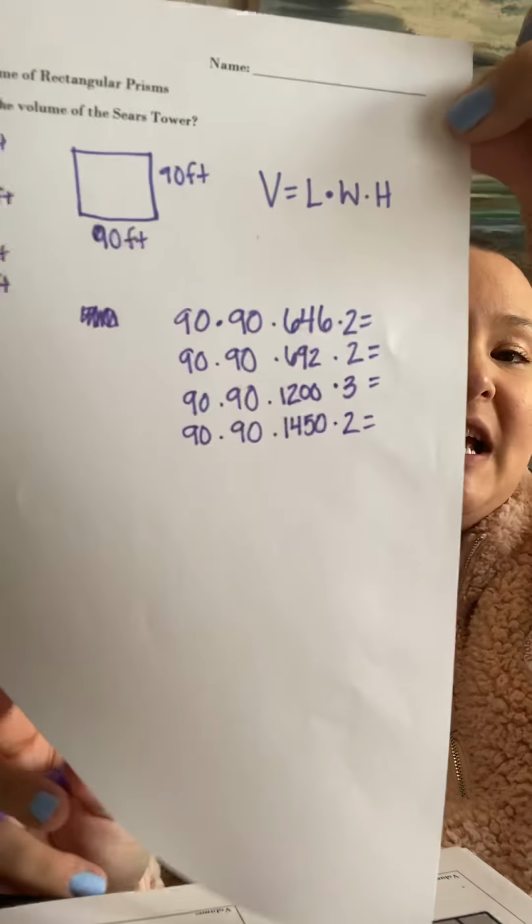Then our third equation, for the three that drop off at the 90th floor, we're going to do 90 times 90 times 1,200, which is the height at the 90th floor, times 3, because there's 3 of them. And the final two that go all the way to the top, we're going to do 90 times 90 times 1,450 times 2, because there's 2. So these are the 4 equations that you should get.